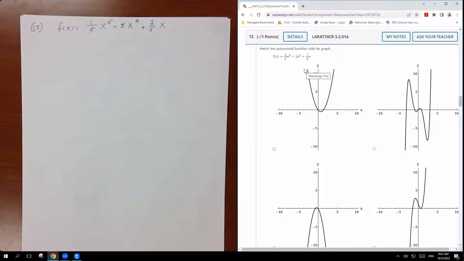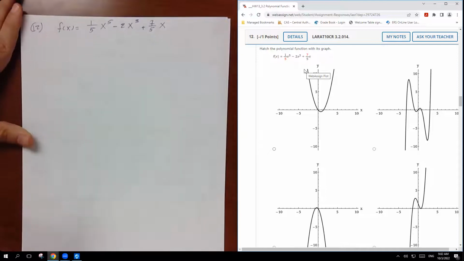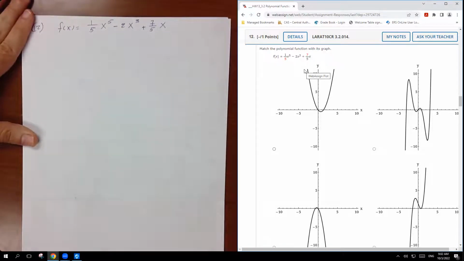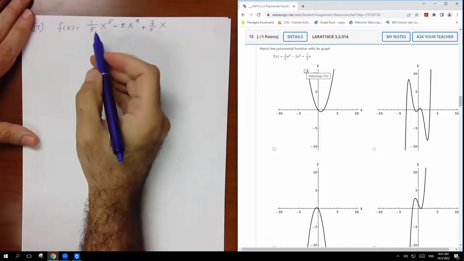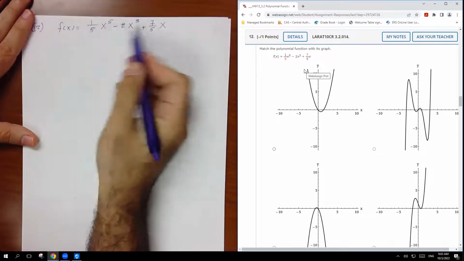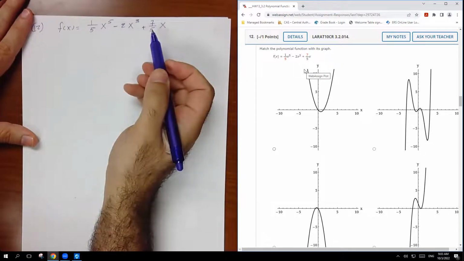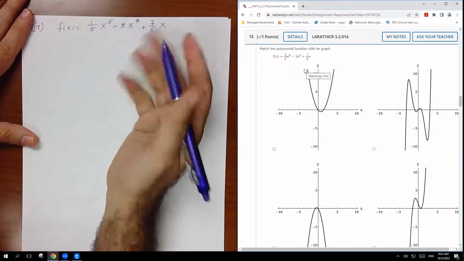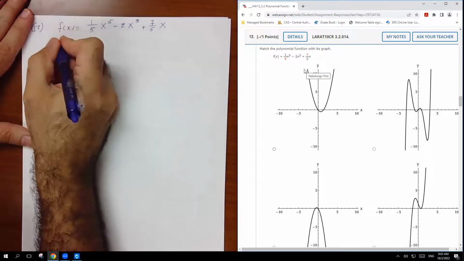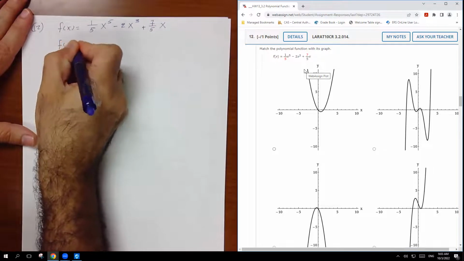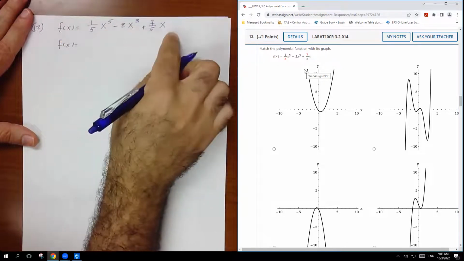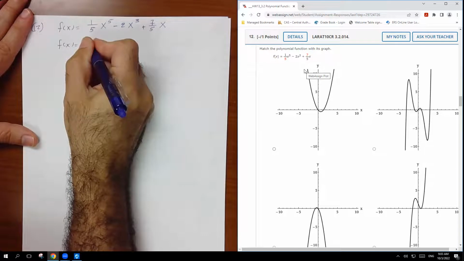The first step, what I'm going to do, I'm going to factor this one. The only thing you can factor is the x. So let's factor the x out, but you can simplify this one. If you multiply it by 5, it's going to be easier. But let's first just factor the x out and check how it's going to be. Because the common factor is x, I'm going to say x out.